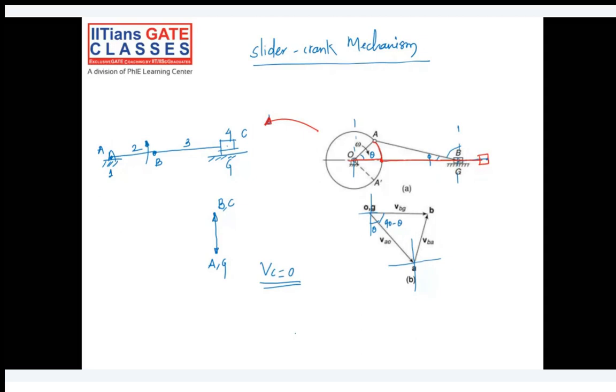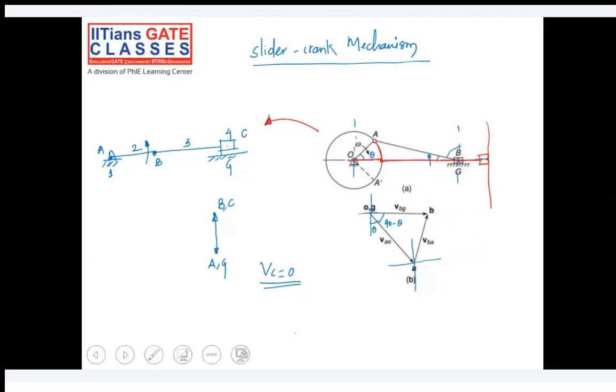This is the situation where theta equals 0 and our slider has reached the extreme right hand side. This is, let's say, the dead center, the extreme right dead center. So this is the situation I have drawn in this example.